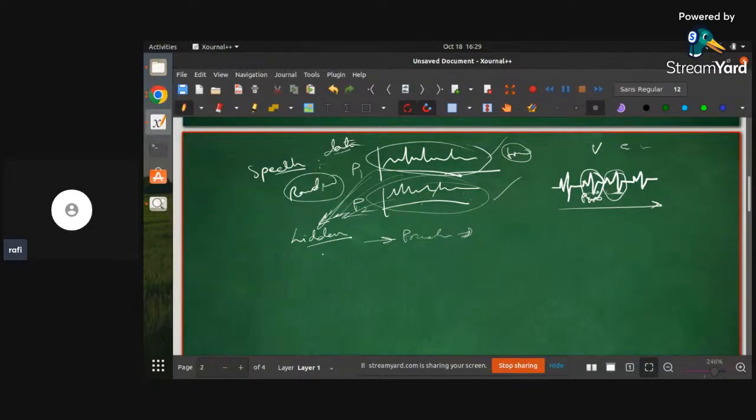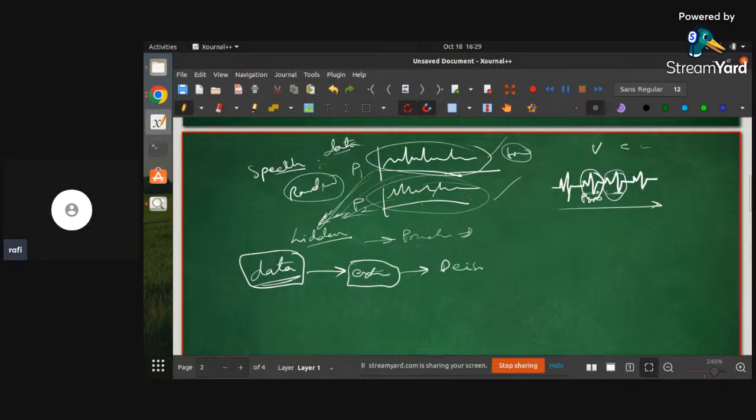So this process, once we have the data, we need to extract some suitable information and then process it to give some decision about the data. This whole process is pattern recognition.